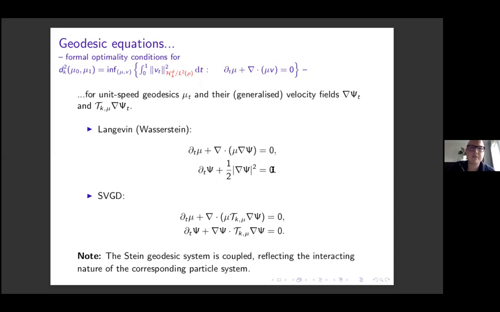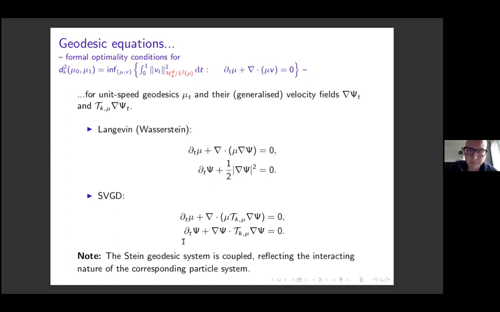The standard geodesics for the Wasserstein case are given as so, where you can see that there's the continuity equation again, and this is a type of HJB equation, where you recognize that there's this quadratic term in the gradient, which makes it a control equation. This is to be expected because geodesics have to be controlled in a certain way to reach their endpoint, right?